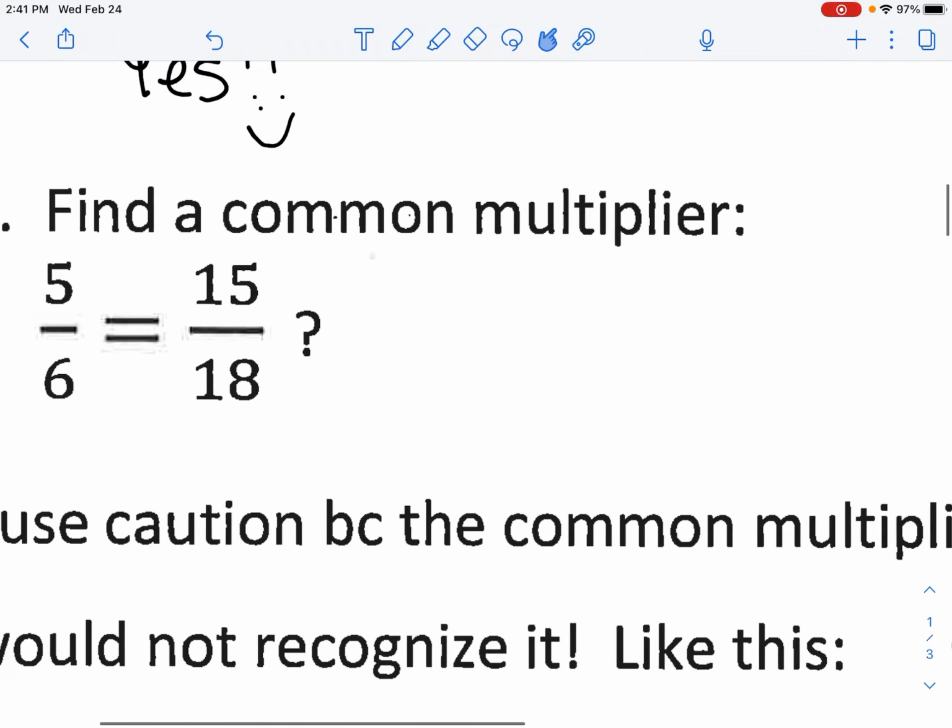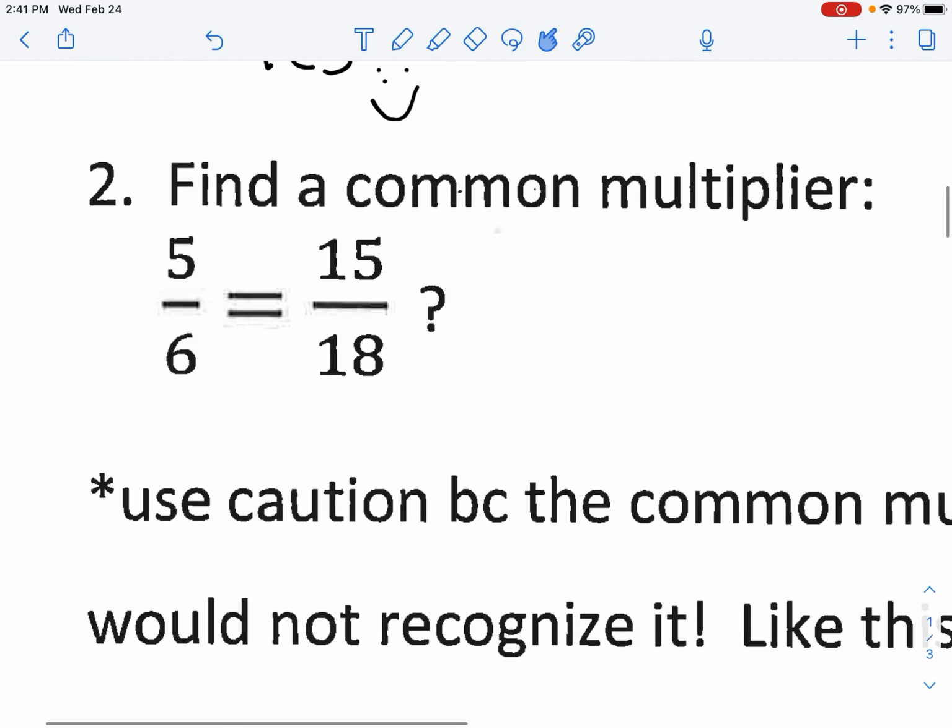Method 2. If you don't want to reduce to lowest terms, your second method is called using a common multiplier. So if we focus on the numerators of 5 and 15, I can multiply 5 times 3 to get 15. Now, is 6 times 3 18? Yes.